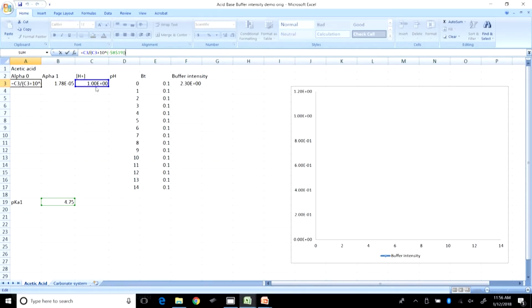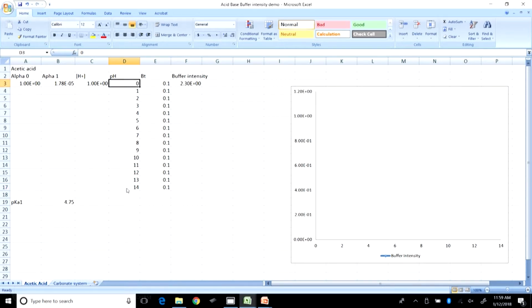So that's what you have here, and I have pH here, and total buffer, I am taking it to be 0.1 molal, and the buffer intensity has been calculated here, right. So we are trying to calculate the buffer intensity and how it changes with pH for the system where we have acetic acid and the total base or total acid present is 0.1 molal. I already set it up so that we can save time.